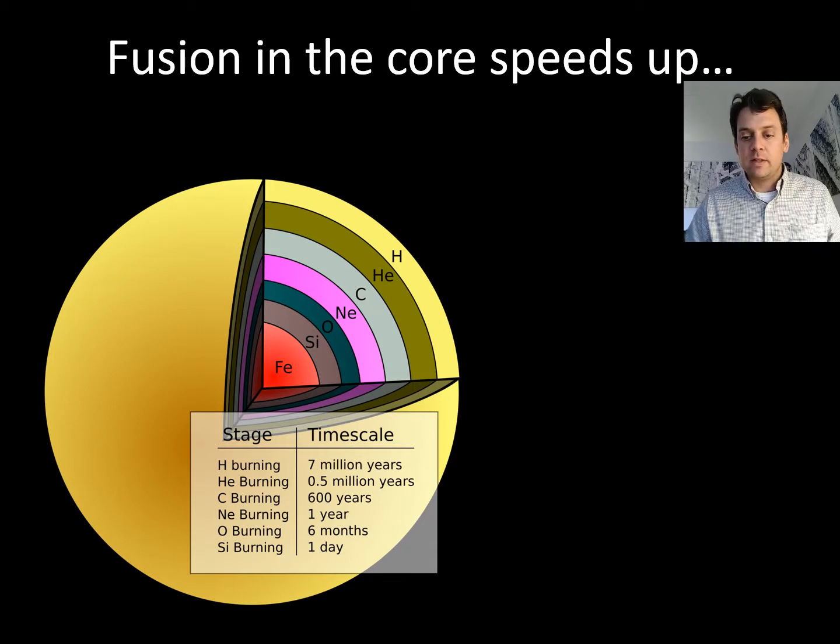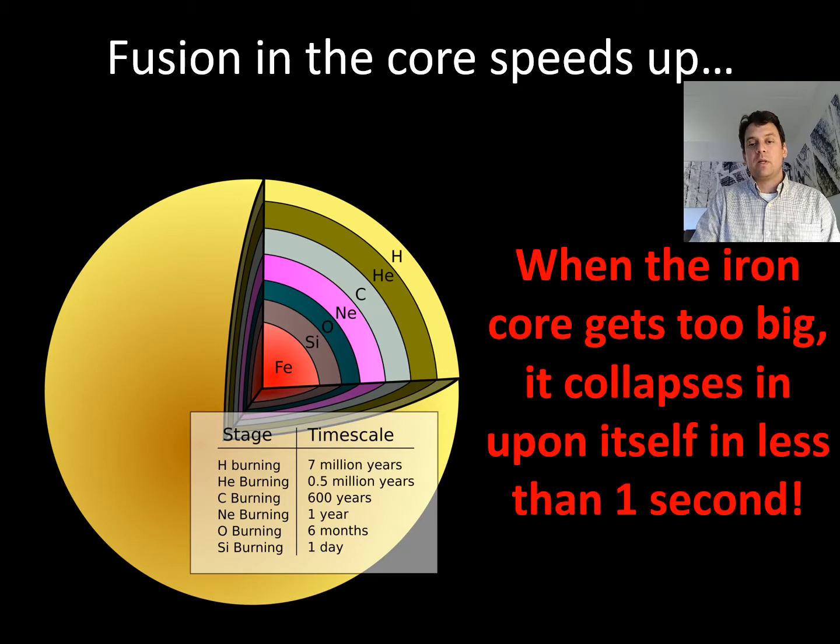I chose 7 in this particular slide, but as you step through each subsequent level, it's something like a factor of 10 reduction or more in terms of how long the process takes. By the time you get to the silicon fusion to form iron, you're talking about a day for the entire star's supply of silicon to be fused to form iron.